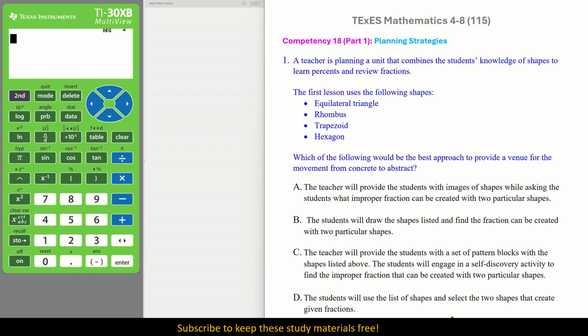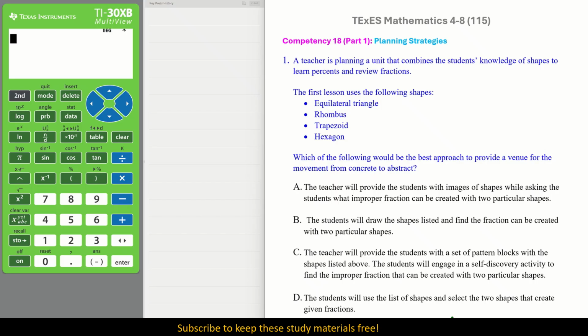Number one, a teacher is planning a unit that combines a student's knowledge of shapes to learn percents and review fractions. The first lesson uses the following shapes: equilateral triangle, rhombus, trapezoid, hexagon.